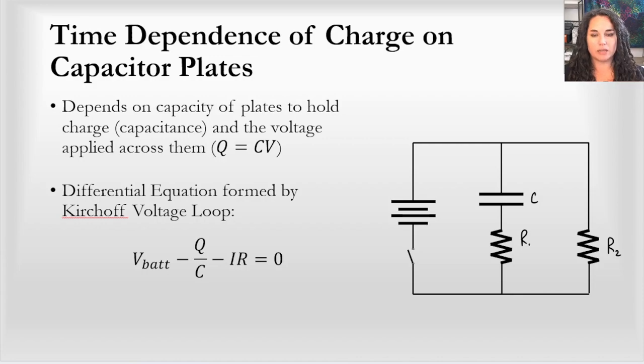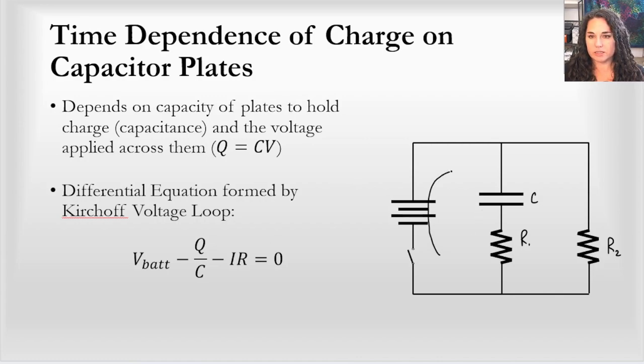It's a time dependent thing. We know that the amount of charge stored on a capacitor depends on that capacitor's ability to hold charge. Also, the resistors in there determine how fast that capacitor will charge up. Okay, there's a differential equation here.